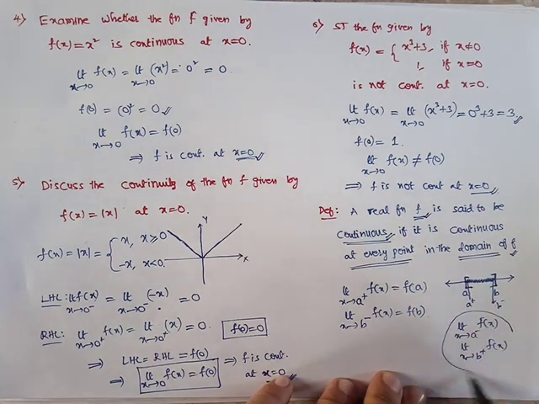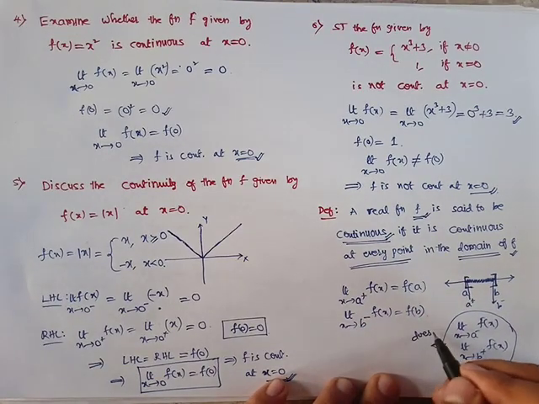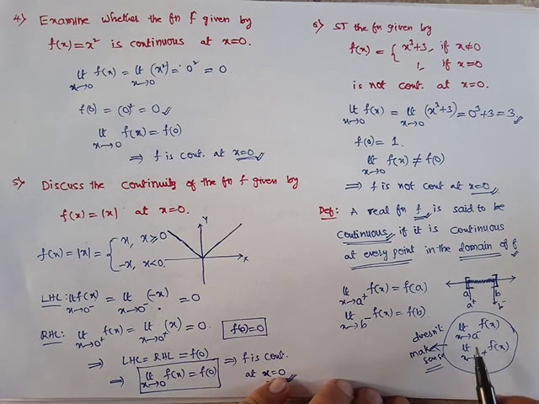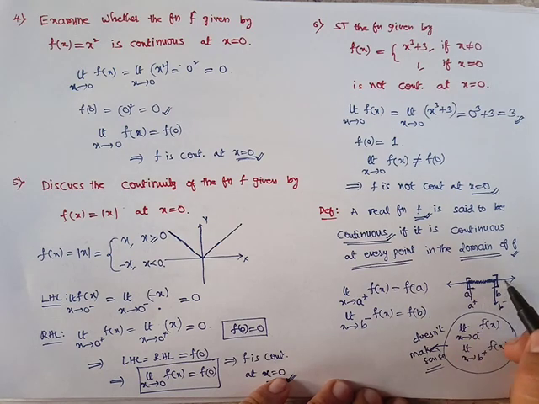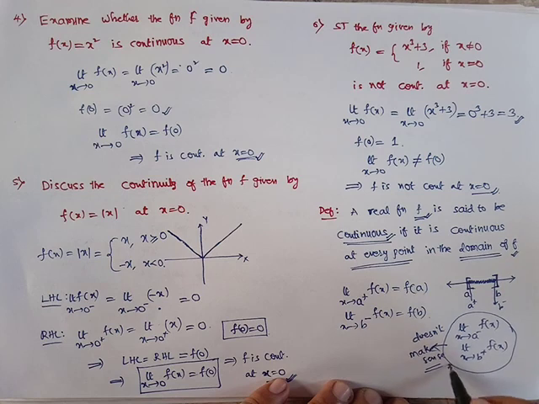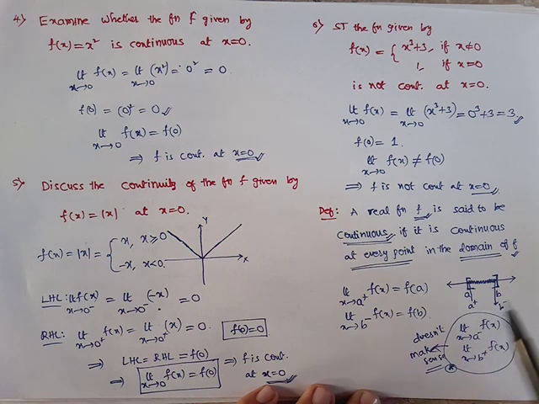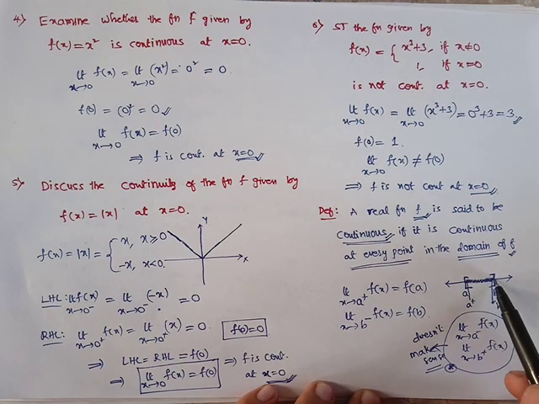Talking about these two things is not required, it does not make any sense, because a minus and b plus values are not included in the particular domain. So when talking about LHL and RHL, it should be taken only for a plus and for b minus. One should be equated to f of a and the second to f of b.